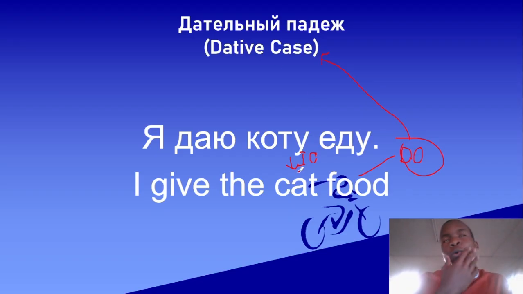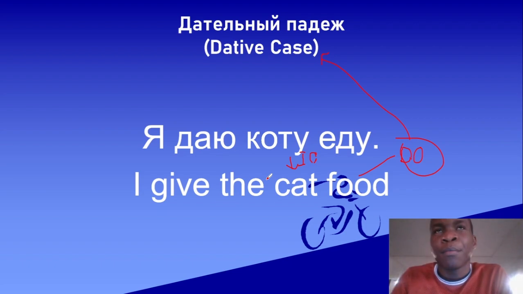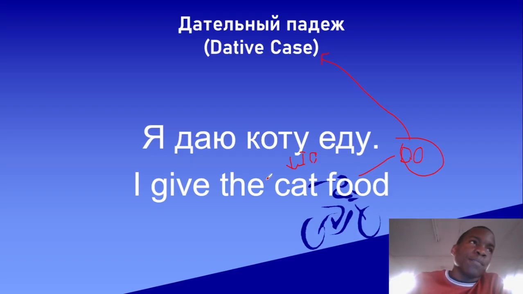The thing with dative is that it's about giving. The word do in Latin is to give. So you will look at it and see where, in some way, somebody is giving something to someone.